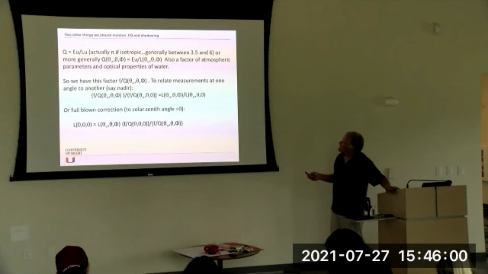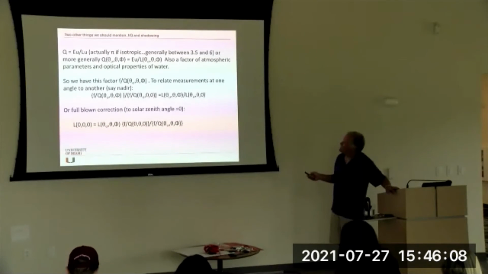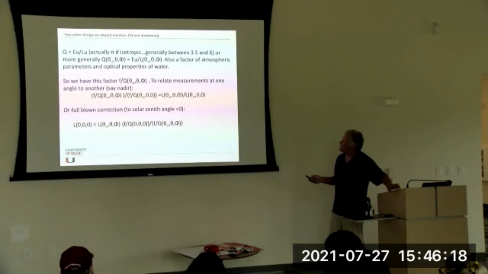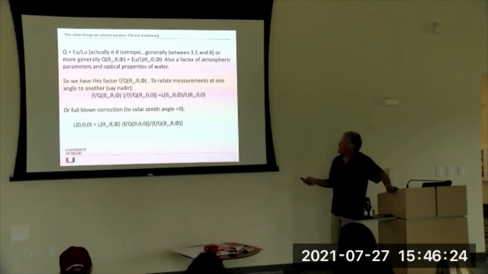So in general, though, Q as a function of incident solar zenith angle and viewing direction is equal to the upwelling irradiance divided by whatever the radiance in that direction is. So you can have an angular Q. So together you get this factor F over Q, which allows you to relate what you would measure at some varied angle, theta and phi, to what you would have looking at just nadir.